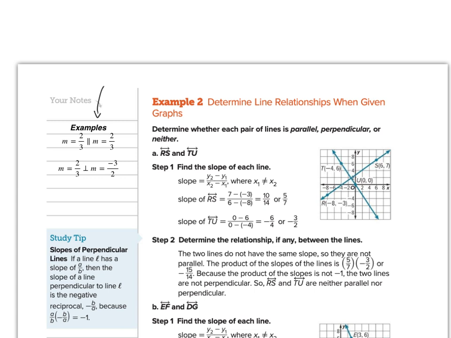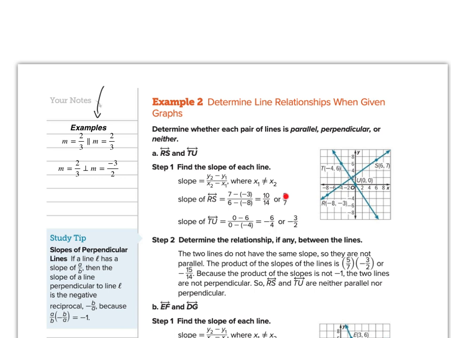So with this, determining this, I take my points. I have point T and point U as one line, and point S and point R as the other line, and they use my slope formula here, and they plugged in some numbers, and they said, uh-oh, these two things are not the same. We may have had to simplify our fractions as we move, but 10 over 14 is not the same as -6 over 4, so I know that they are not parallel.